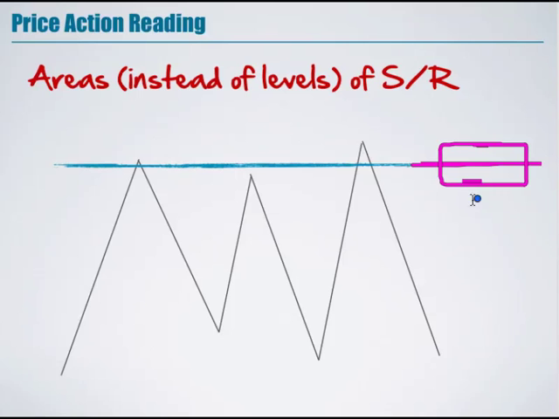All right. So regardless of whether we get a bounce off that area or a breakout altogether, at any rate, that reaction will not necessarily happen at this price point, but anywhere within a sensible buffer area, both to the upside and to the downside.